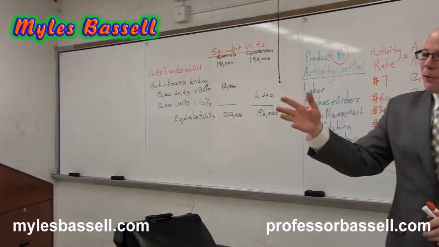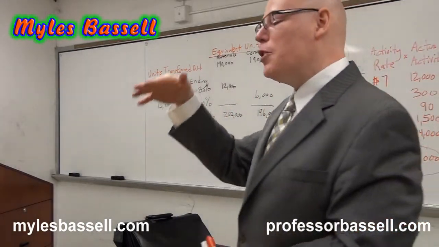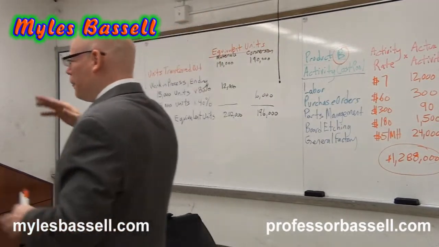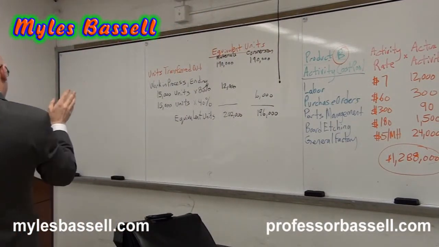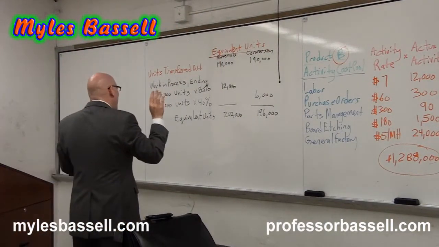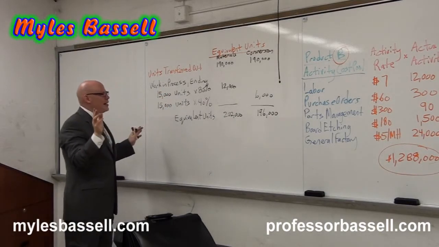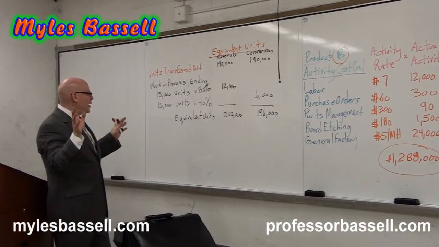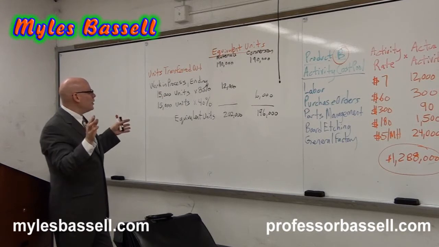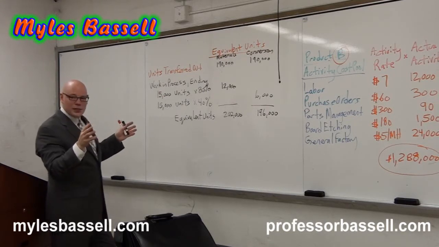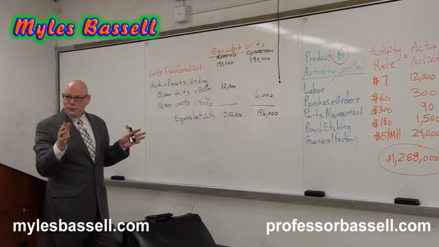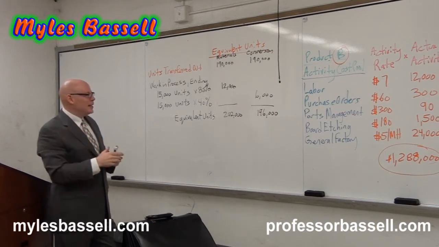But we know that we're missing something. Just like we talked about over the last couple of weeks. We said, whoa, wait a minute. We transferred out the 190,000 units, but wait a minute. What about the work in process? How do we take that into account?